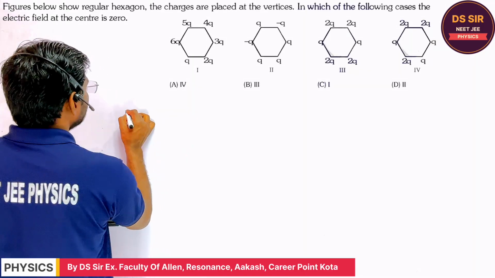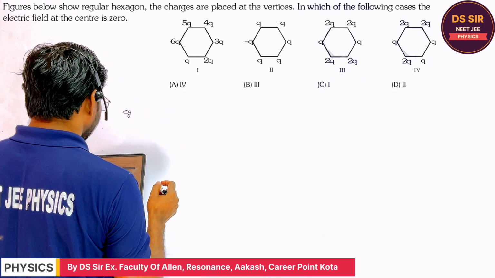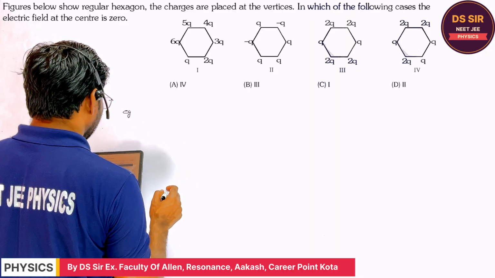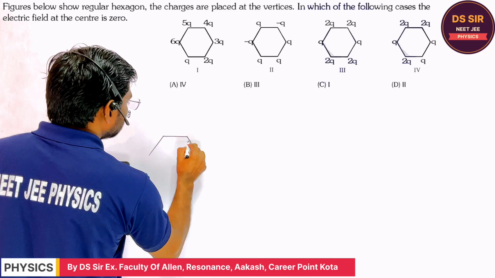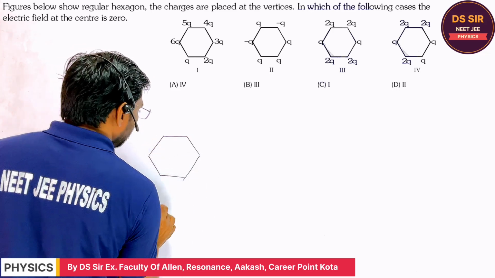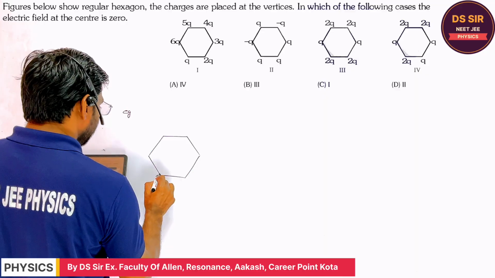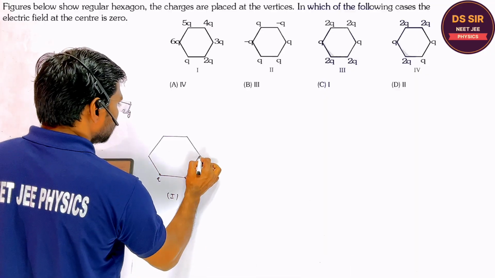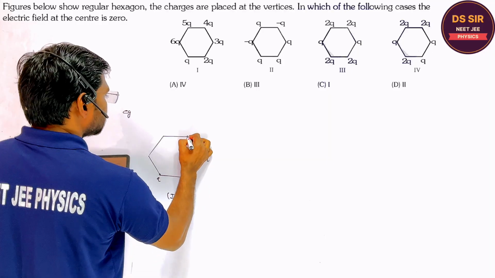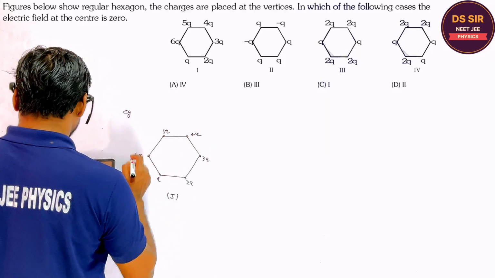So read this question. In this question, the figure shows a regular hexagon, and charges are placed at each of the vertices. You have to tell in which configuration the electric field is 0. So this is the first configuration. Here it is Q, this is 2Q, 3Q, and this is 4Q, 5Q, and this is 6Q.